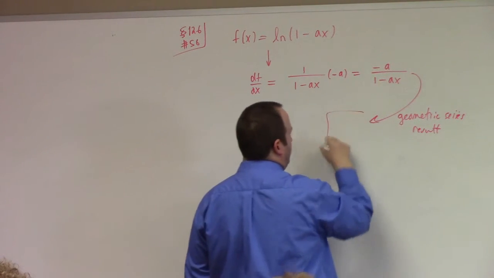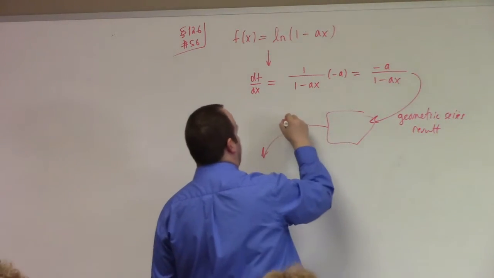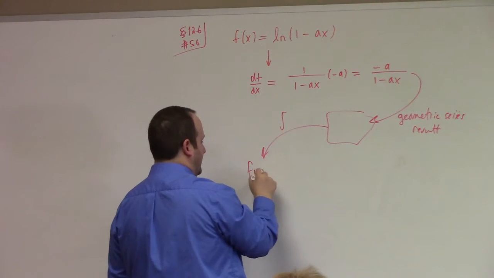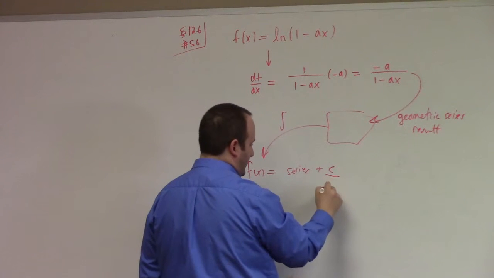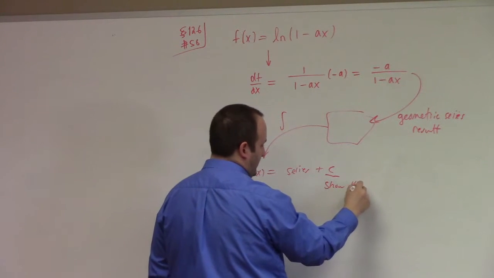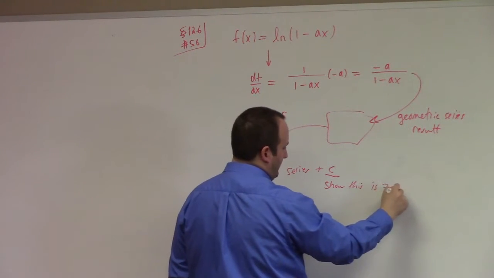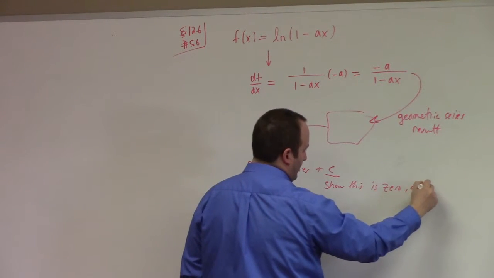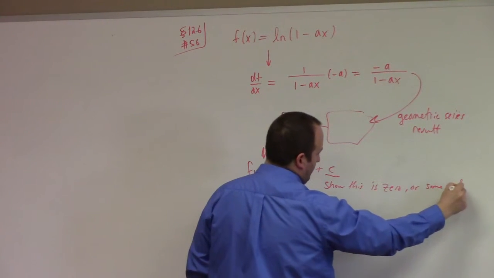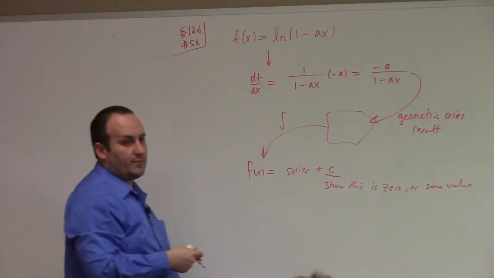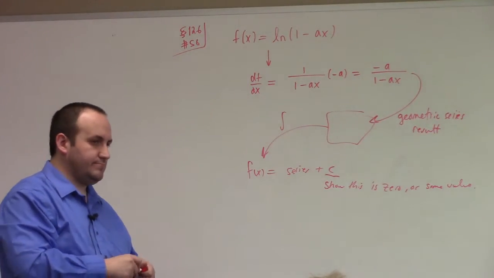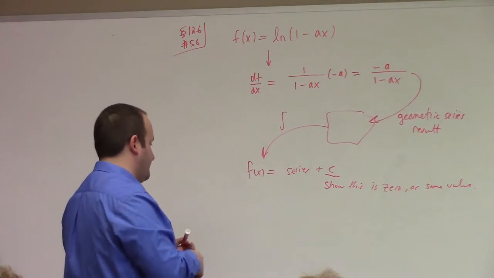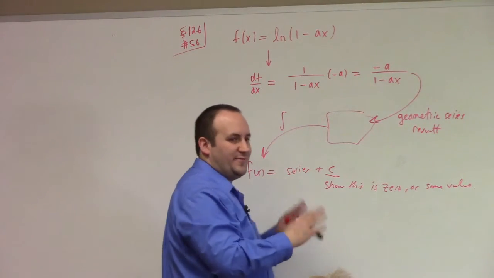That gives you something, and then you integrate back to f of x equals a series plus a constant, and then show this is 0 or whatever. That's a sketch.